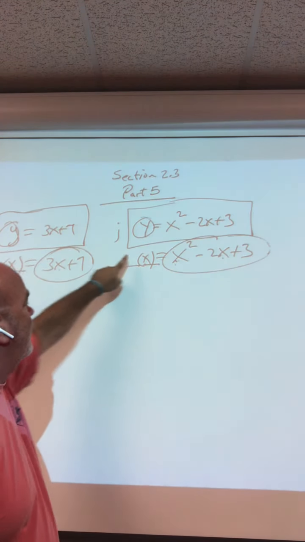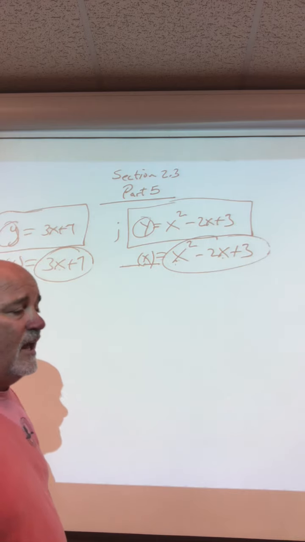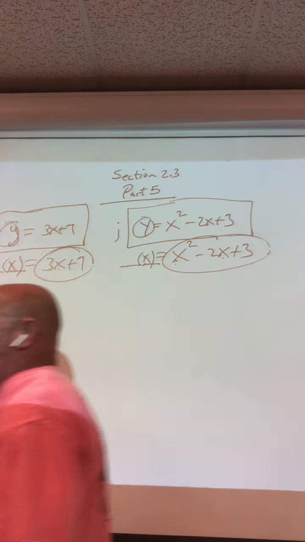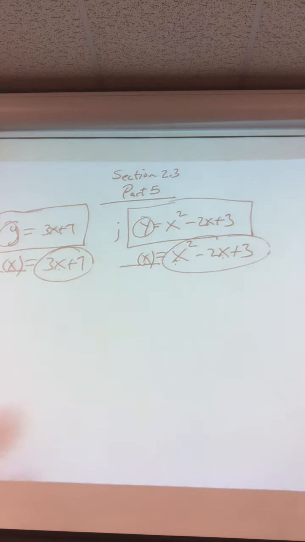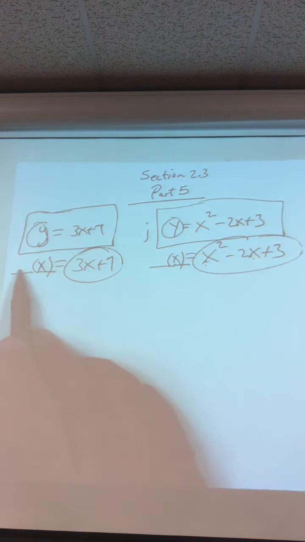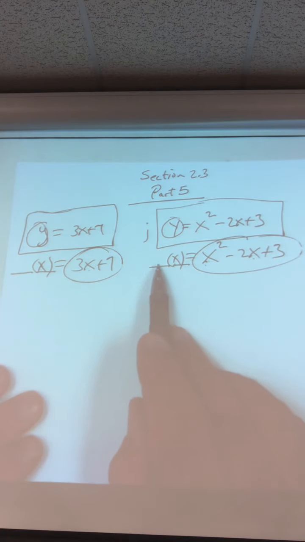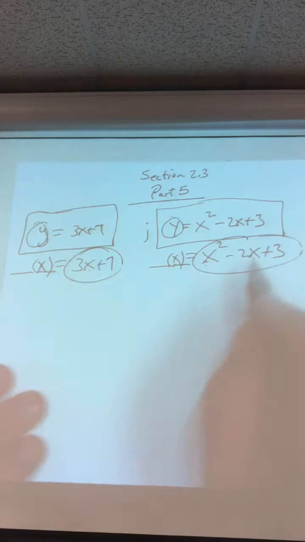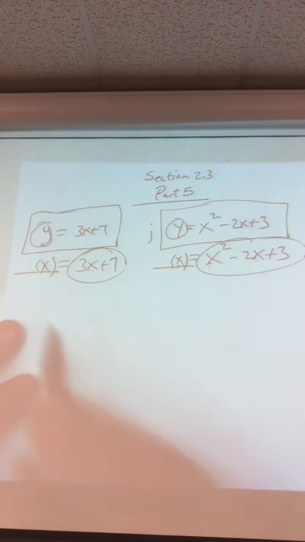Now, the first name could be any other letter of the alphabet you want to use. So right here, I could put A, B, C, D, E, F, G. It doesn't matter what letter I put. Same thing over here. Since these two functions are different equations, I wouldn't want to use the same letter for this one as I do for this one.